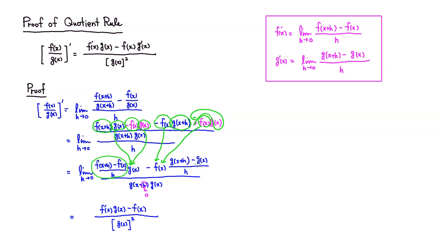The limit of this other quotient is exactly the definition of g prime, so g prime of x. Then as you can see, magically, we got exactly the same thing as the quotient rule. So this verifies the quotient rule. That's it. I hope that this was clear.